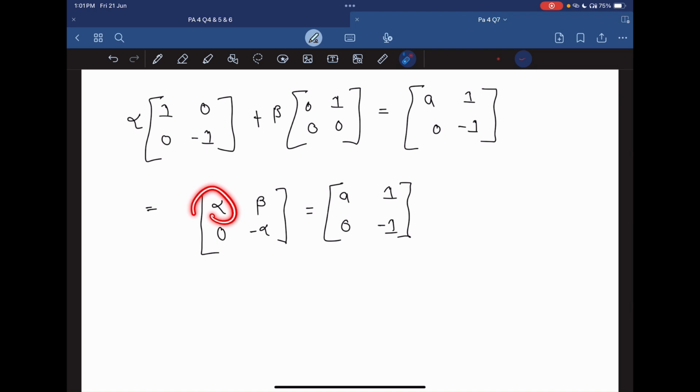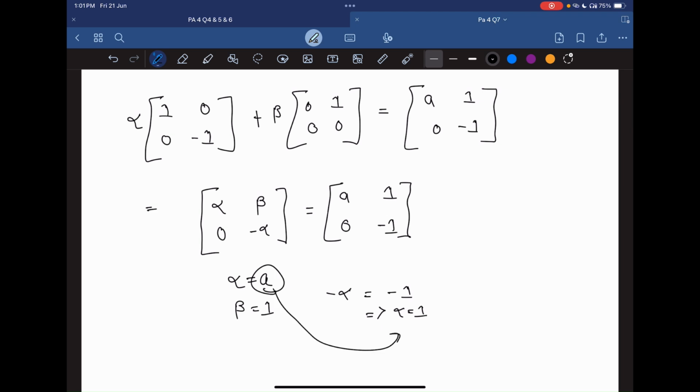On comparing, alpha equal to A, beta equal to 1, 0 equal to 0, and minus alpha equal to minus 1. So alpha equal to 1. And as alpha equal to A also, we get A equal to 1. So that is our answer. Thank you.